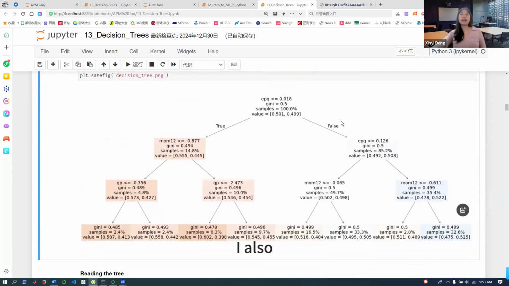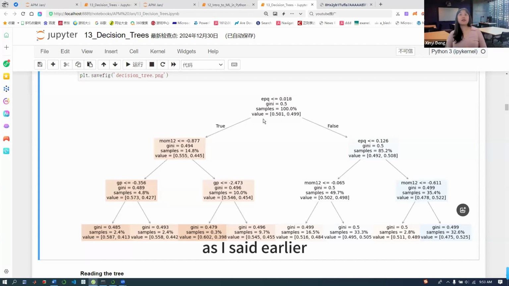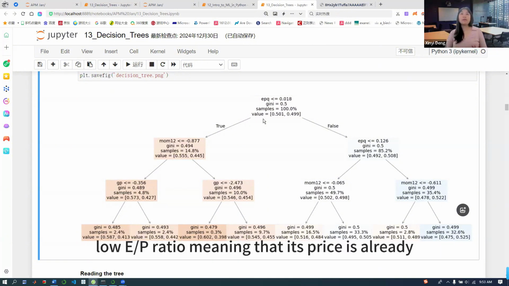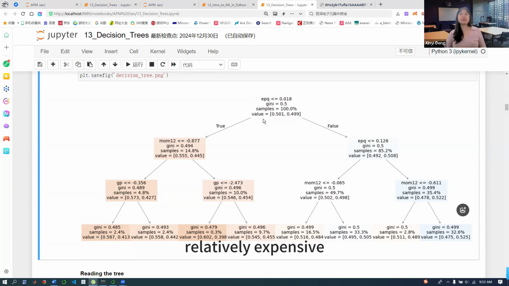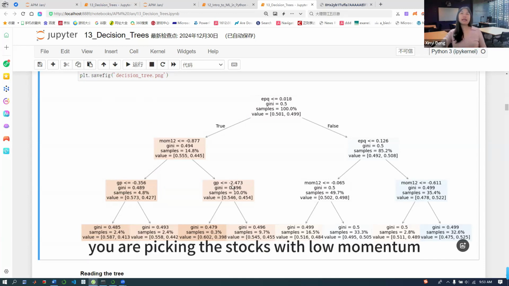And I also already explained the economic intuition behind this decision rule. As I said earlier, because you are picking the stocks with a low EP ratio, meaning that the price is already relatively expensive, it has a risk of being overvalued. And you are also picking the stocks with low momentum.